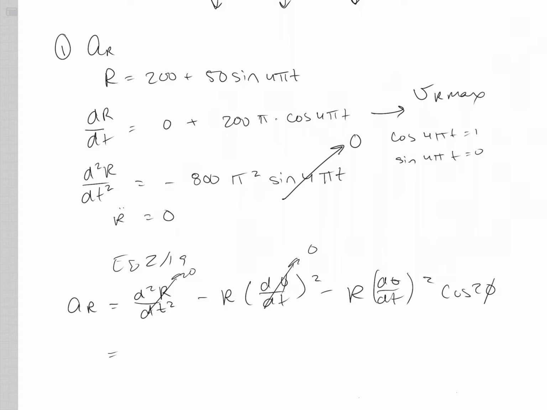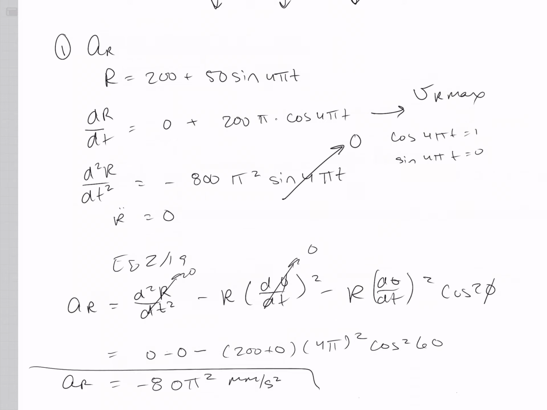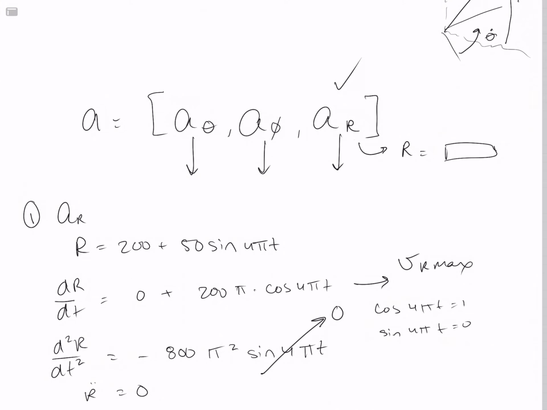So this is much, much simpler, and we'll find that it is 0 minus 0 minus 200 plus 0 times 4 pi squared cosine squared of 60, and that all boils down to negative 80 pi squared millimeters per second squared. And that is a_r. So now we have done a_r.